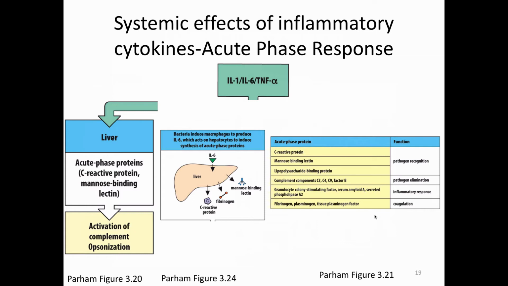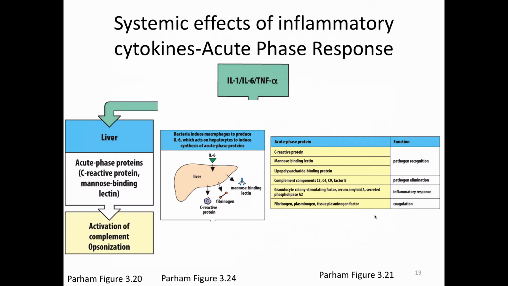IL-6 can act on the liver and induce the liver to make a new set of proteins. They're known as the acute phase proteins. This is called the acute phase response. Some of the proteins that are made in the acute phase response include a protein known as mannose-binding lectin, another protein called C3, another protein called C4, one called C9, one called factor B.